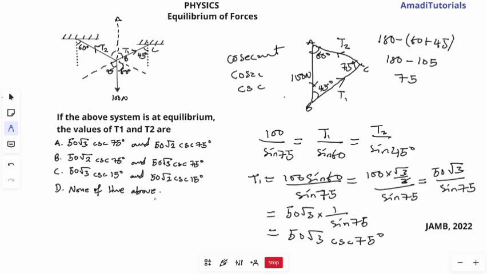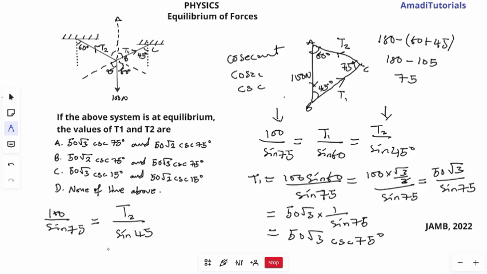So to calculate T2, I'll combine the first fraction and the third fraction. So that will be 100 over sine 75 equals T2 over sine 45.